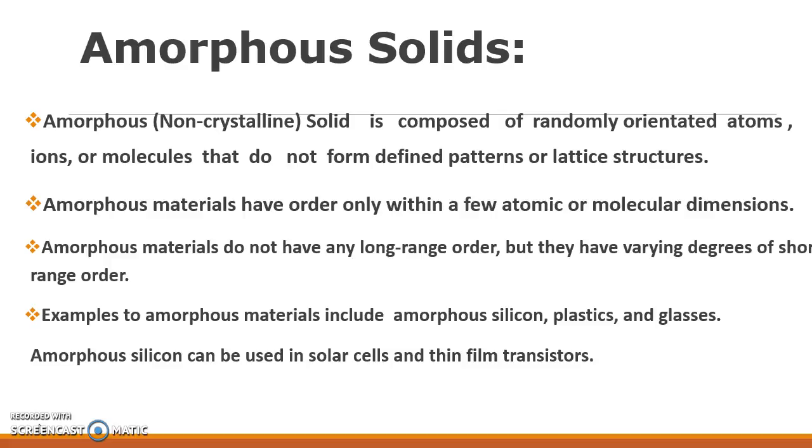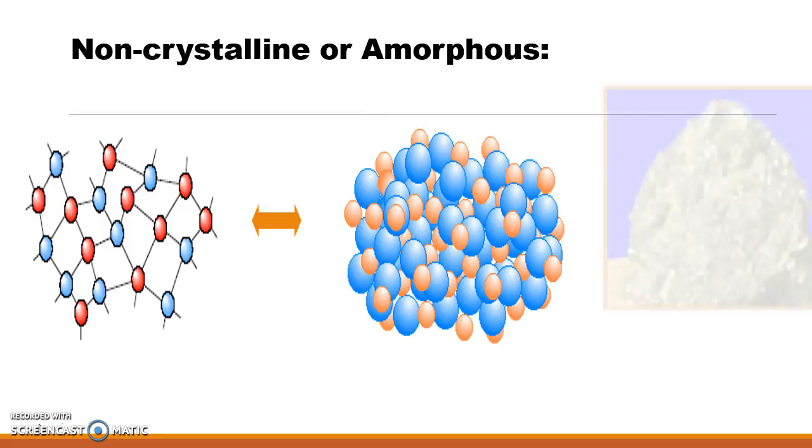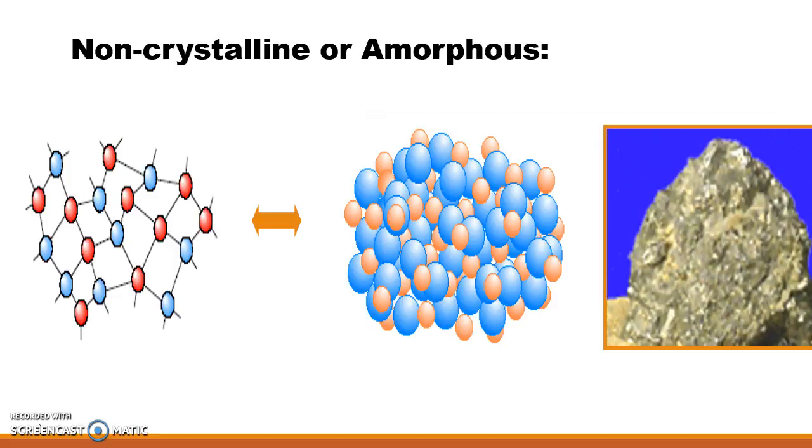Examples are amorphous silicon, plastic, and glasses. Amorphous silicon can be used in solar cells and in thin film transistors. So, this is the atomic arrangement of a non-crystalline or amorphous solid.